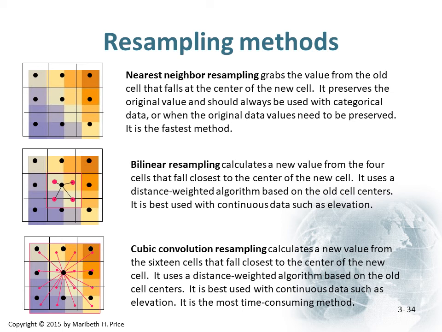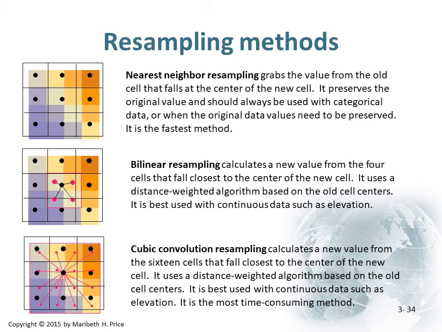So, quickest way to explain it: four closest cell centers to the new cell center, distance weighted algorithm to figure out the new value. Cubic convolution follows the exact same sort of premise as bilinear, but instead of looking at the four closest, it looks at the 16 closest.